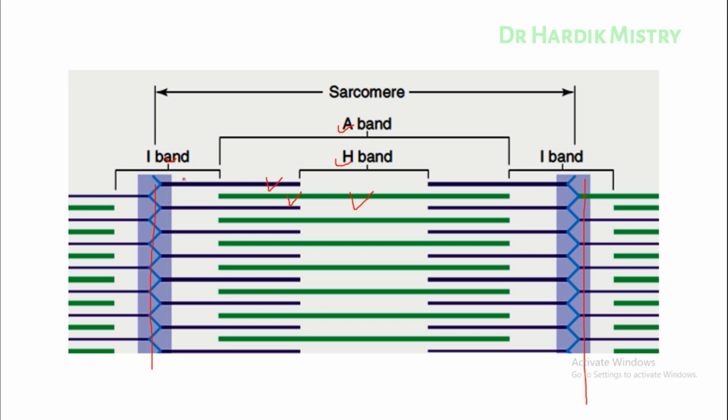The I band covers only thin filaments, made up of actin. This actin filament binds with the Z disc or Z line, which is made up of protein. So this figure of the sarcomere is the most important for muscle physiology.